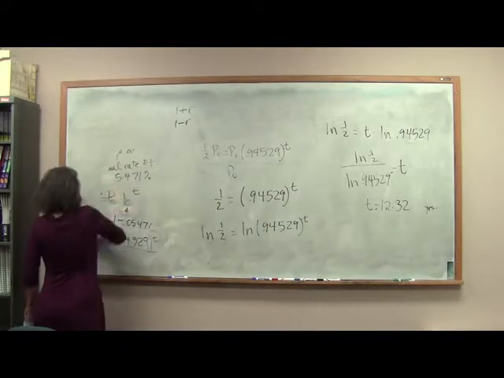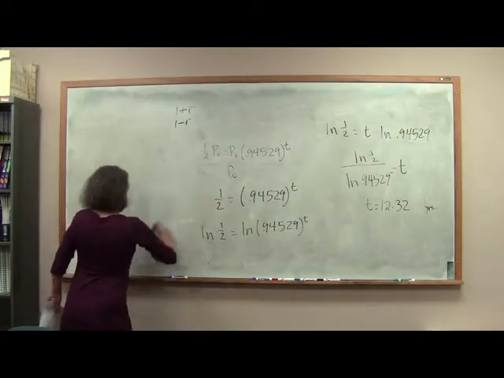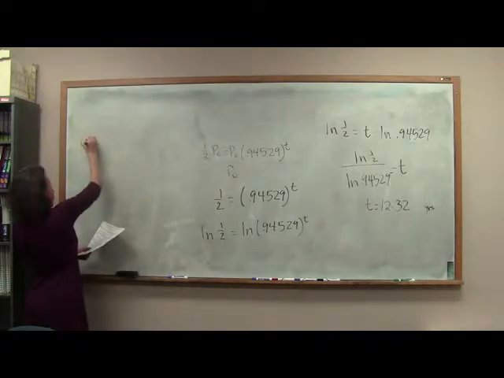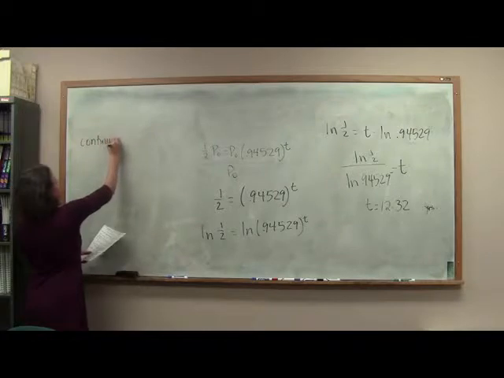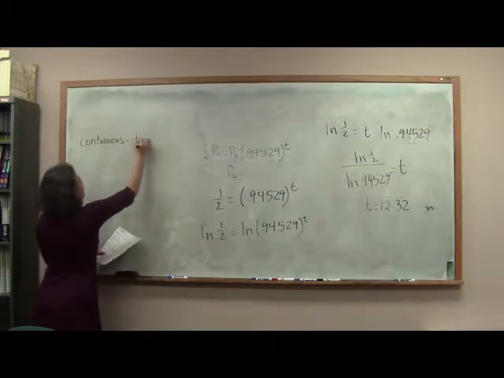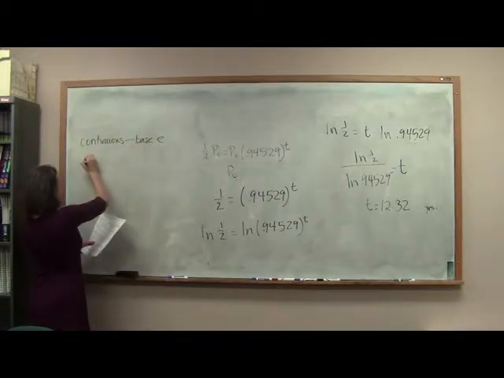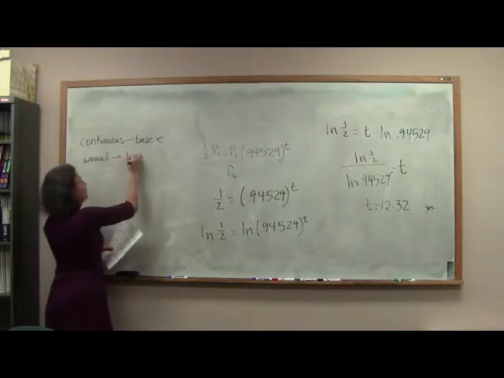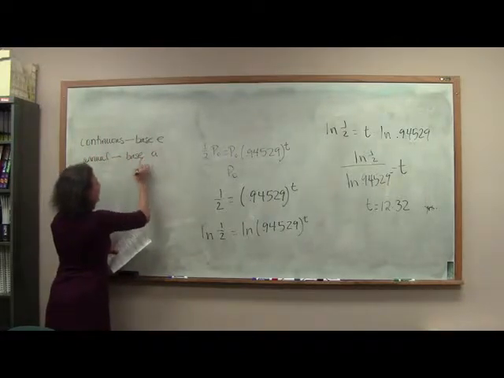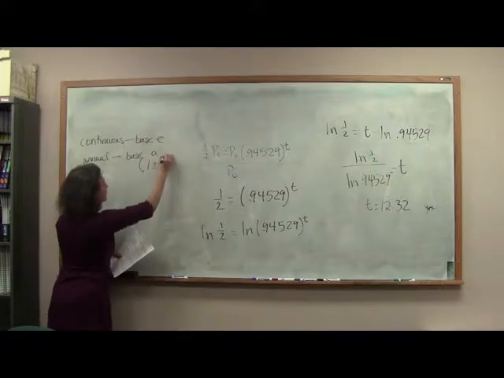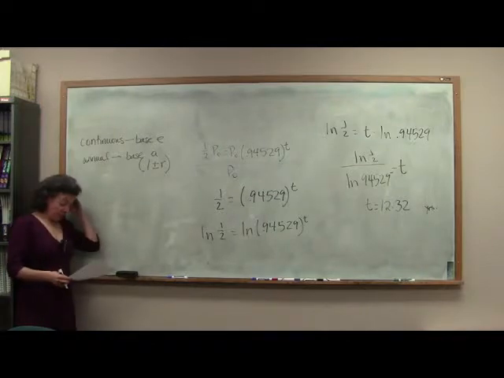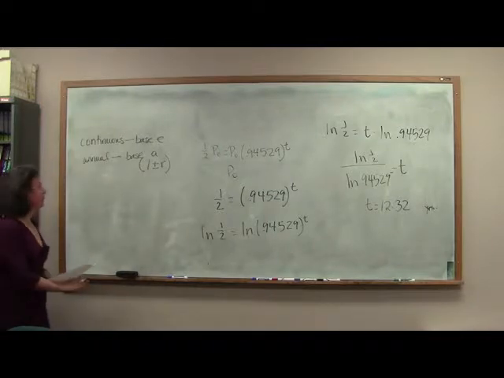All right, so again, when we have continuous, we have a base of e. When we have an annual, we have a base of a, and remember a is 1 plus or minus r, depending upon whether or not you have growth or decay.